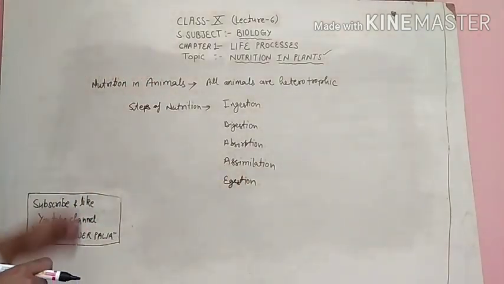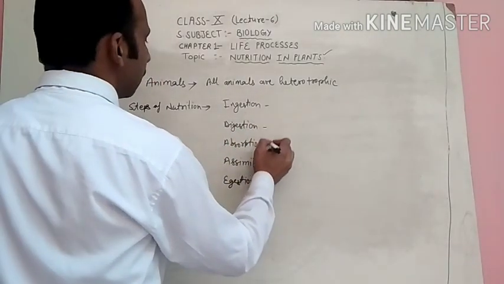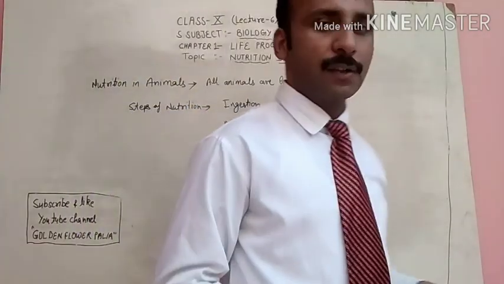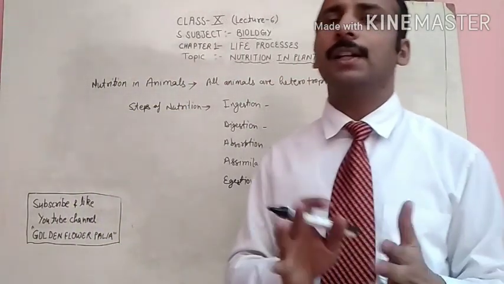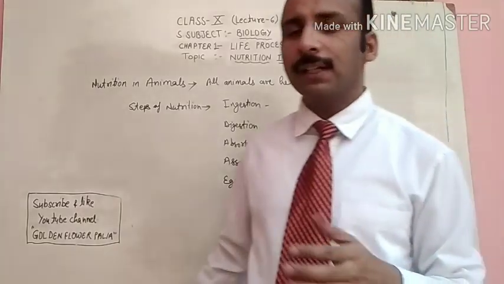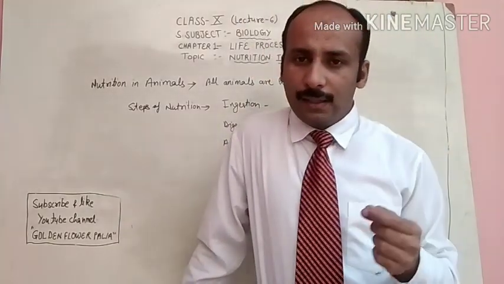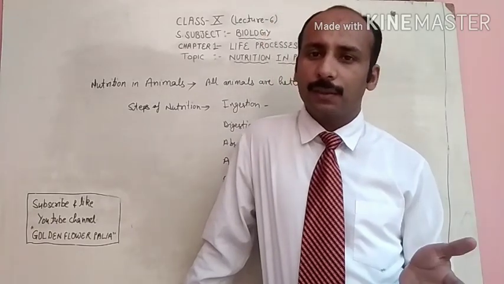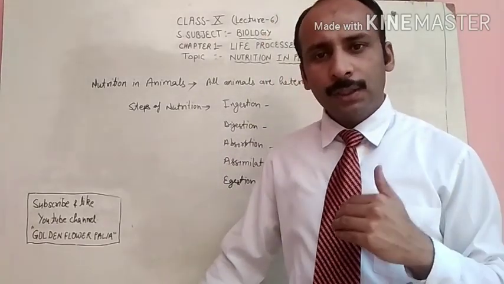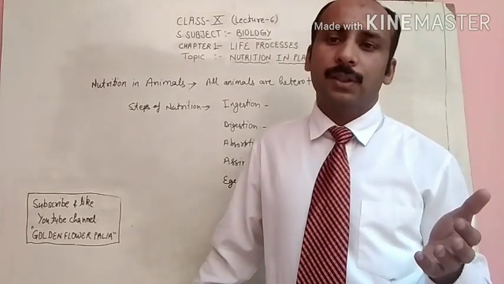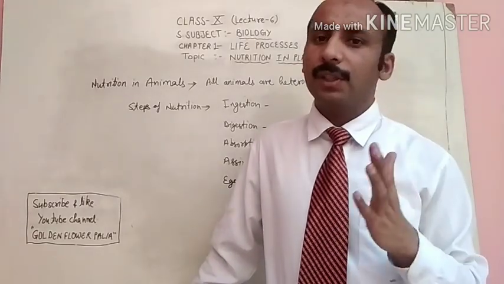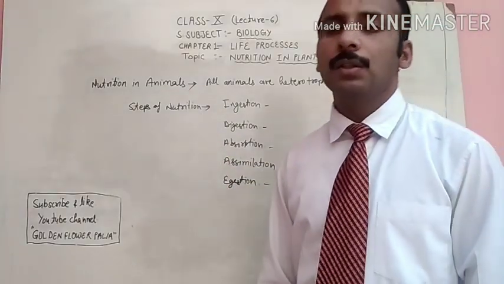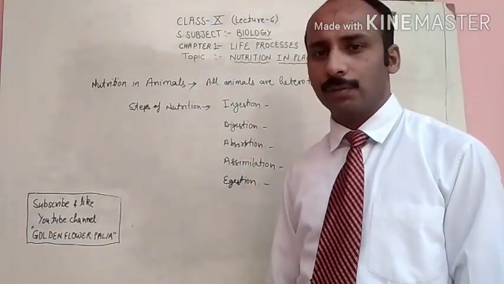These are the five steps which are followed by all kinds of animals. Doesn't matter whether it is a unicellular animal or a multicellular animal, a human or an amoeba. All kinds of animals follow these five steps, which are called the steps of nutrition.